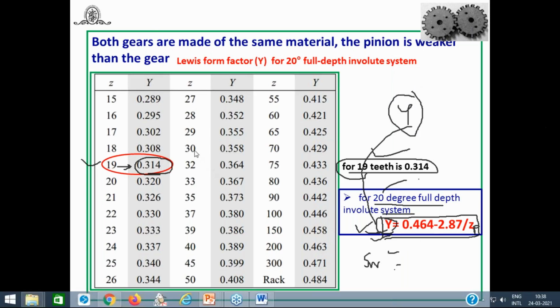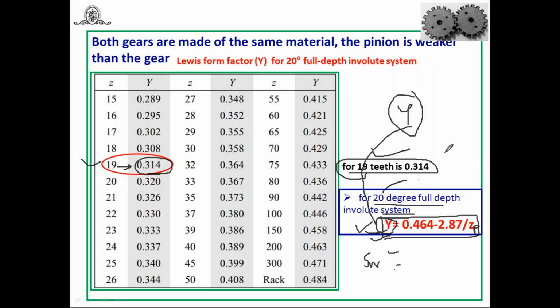Try to understand. Here Harish Koshy has written, it's correct, Harish, that Y is equal to 0.312 from the equation. There is a variation, and here 0.314 is correct, because you know very well how this table is prepared. From this table, by regression analysis, for curve fitting, the empirical relations are derived, and because of that you will get some deviation and variation in the values of the Lewis form factor.